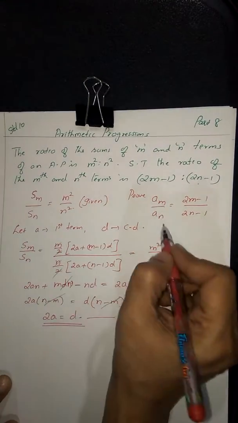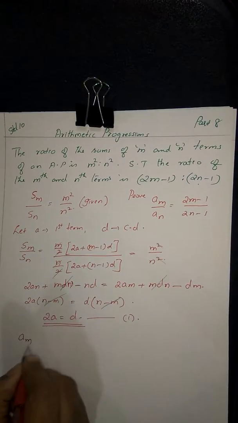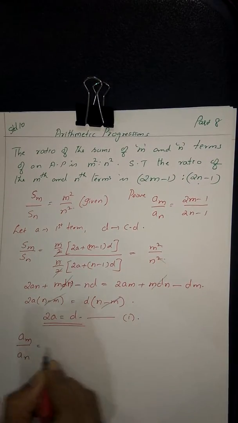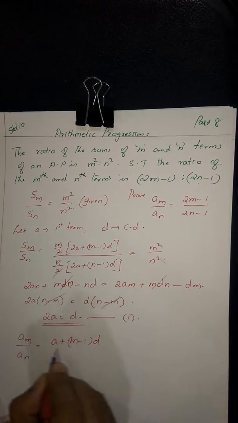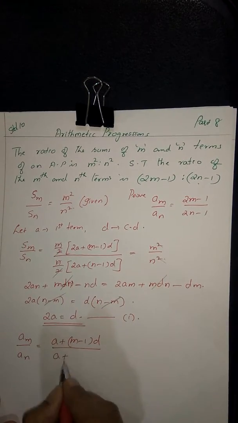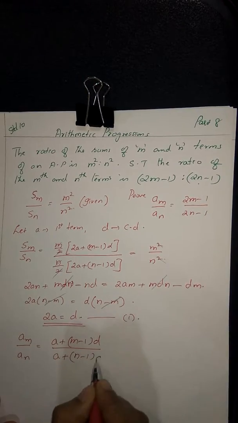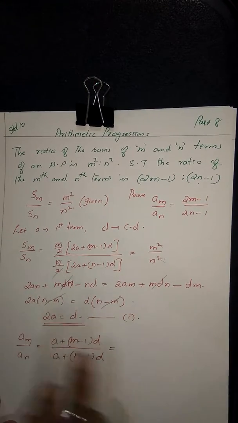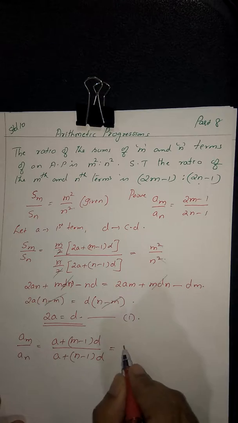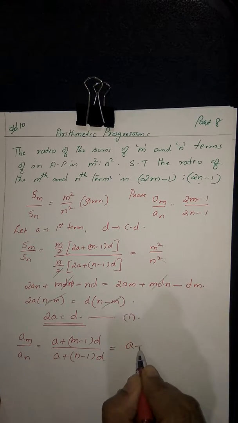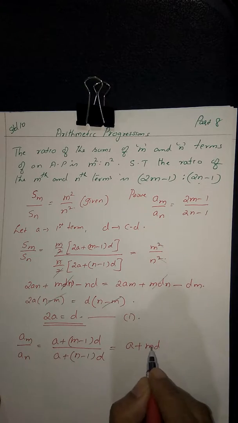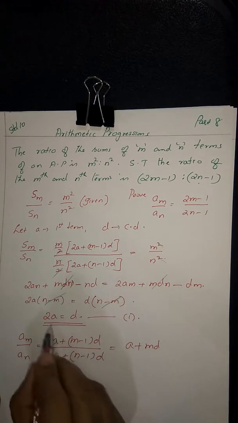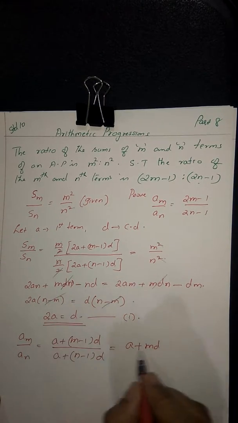Now we have to find am by an. So am by an is equal to a plus m minus 1 into d, by a plus n minus 1 into d. We will substitute d is equal to 2a.